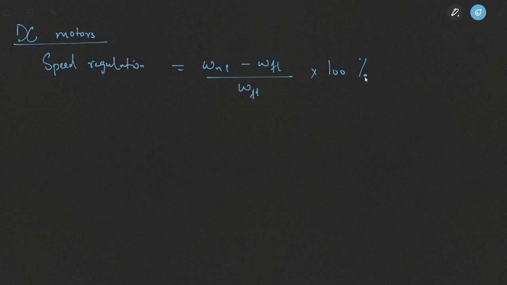Depending upon the type of load, the speed regulation can be positive or negative. And how quickly this speed will fall gives us a measure of the performance of this motor, and how much the speed will fall as soon as it is loaded.